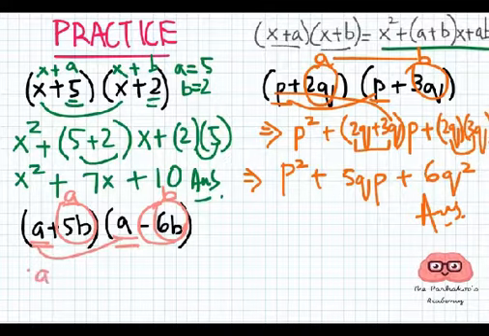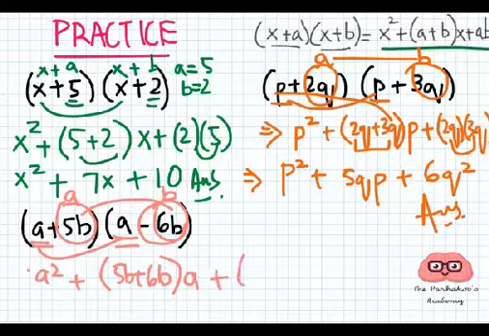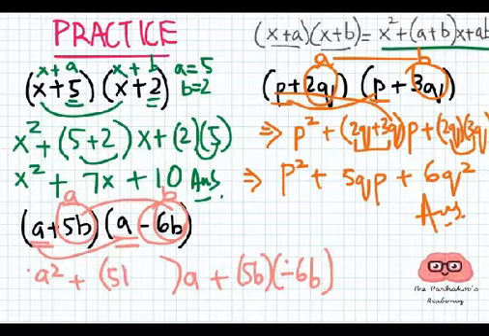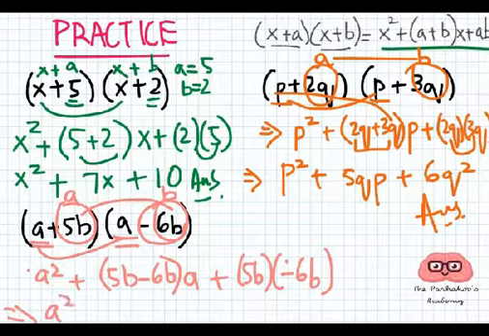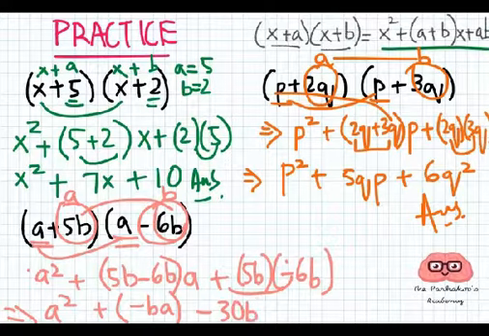Squaring the first term, adding 5b and minus 6b times a, so a squared plus minus b a, plus 5b into minus 6b is minus 30b squared.